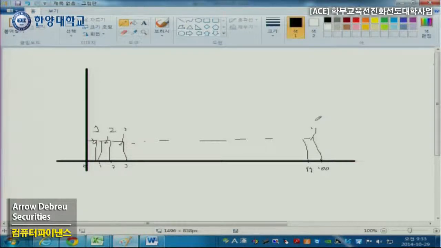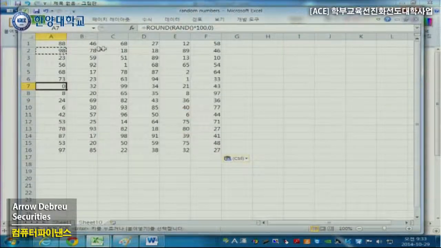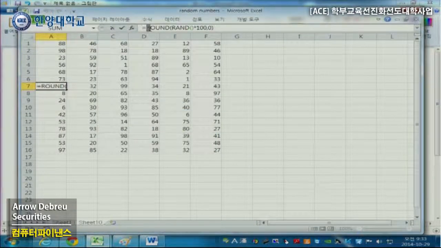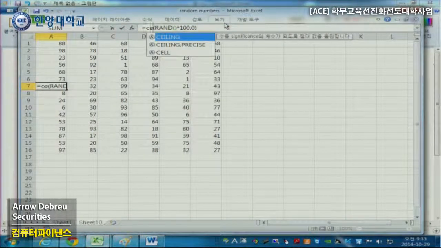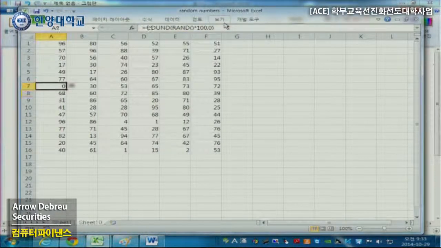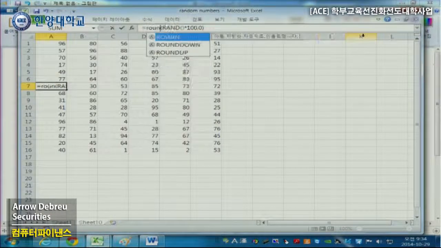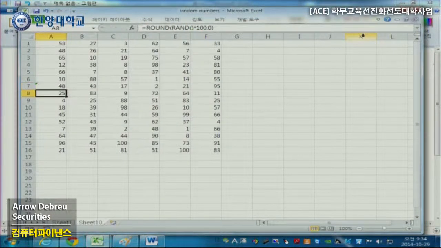Always round up. So always round up between 0 to 100. In Excel, I think there is round up, or there is a function called ceiling. But ceiling is not right. Round up.